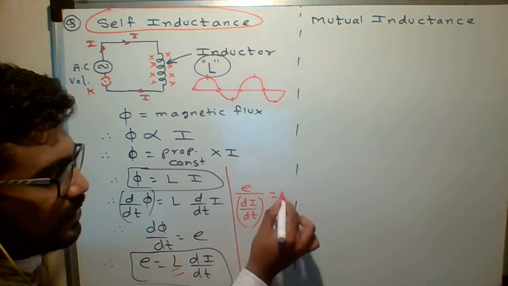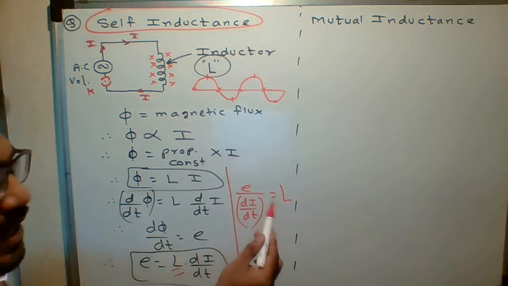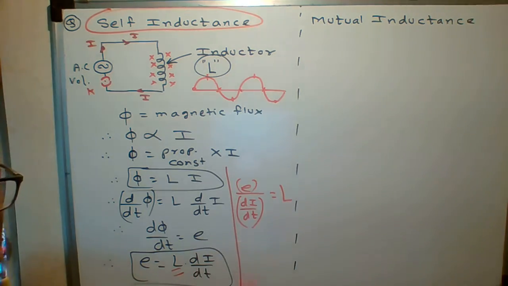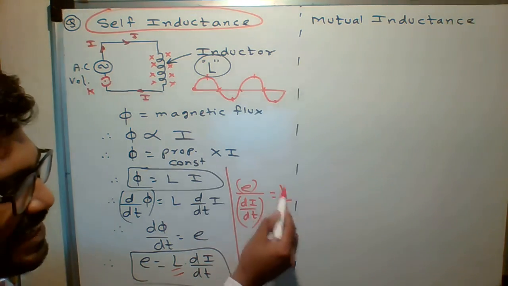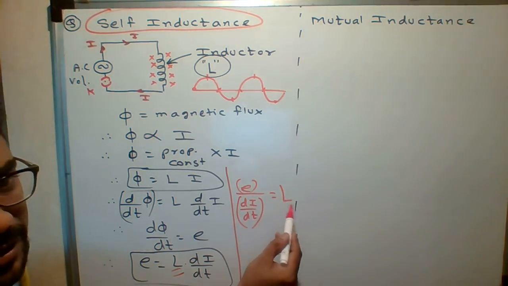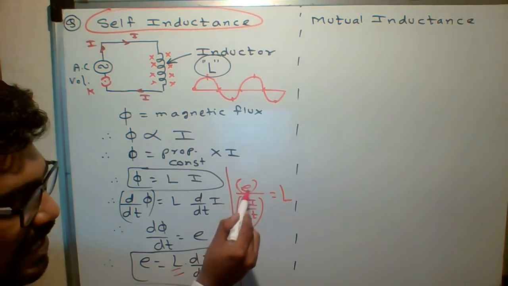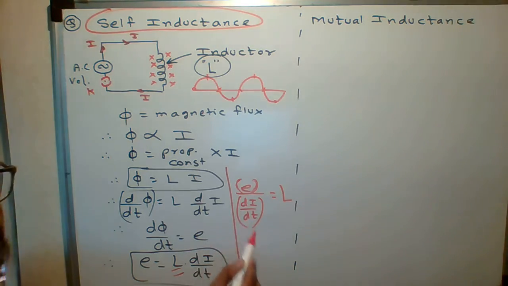Like this you have to define. L, the coefficient of self-inductance, is defined as the ratio of induced EMF to the rate of change of current. Okay, this is the definition.